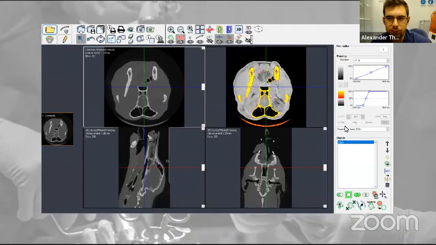And here we can see really good segmentation software. It's from Medviso, and it's called Segment 3D Print. The images on the top left side are acquired in transverse view and then reconstructed into sagittal and coronal views.